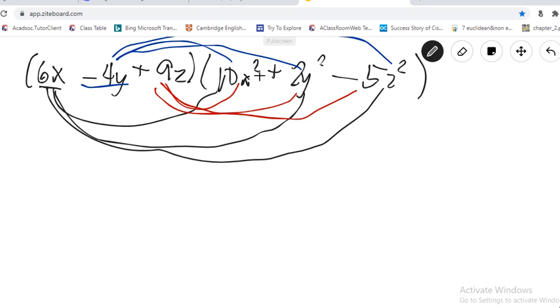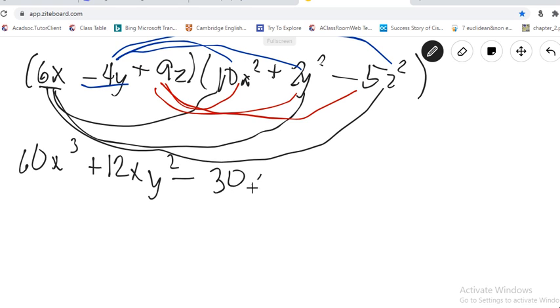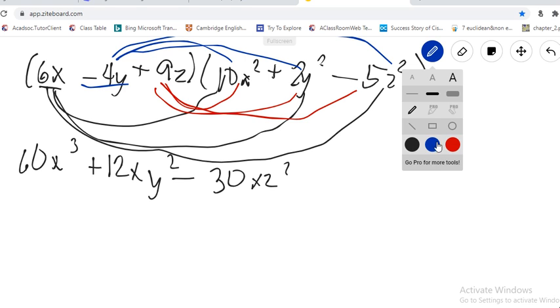6x multiplied by 10x squared is 60x cubed. Then 6x multiplied by 2y squared is positive 12xy squared. The last term is negative, so negative 30xz squared. That is already done. Next, we have negative 4y.